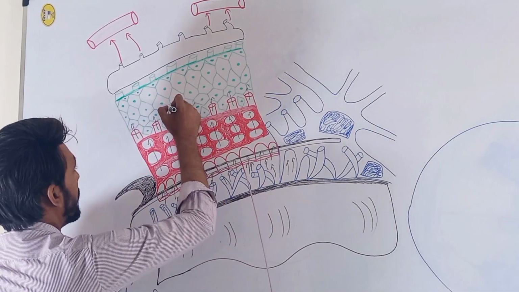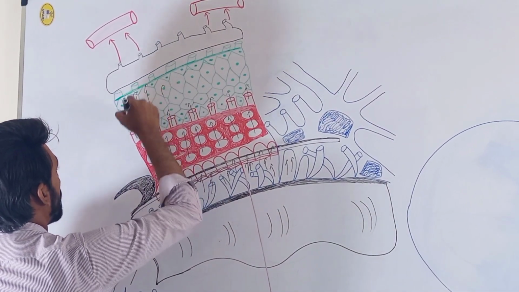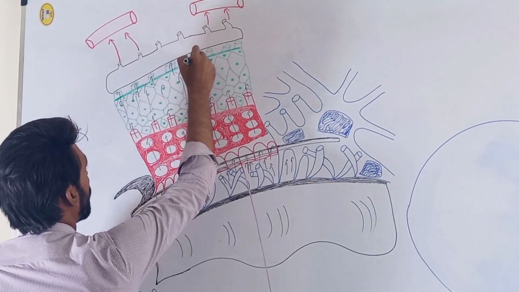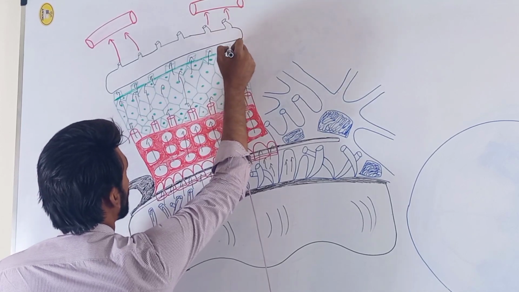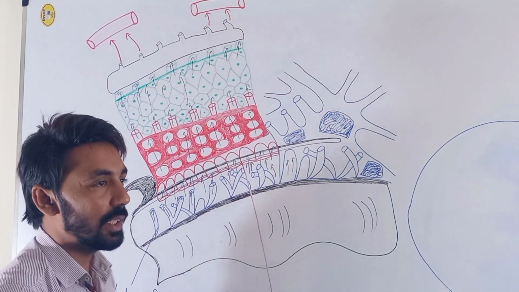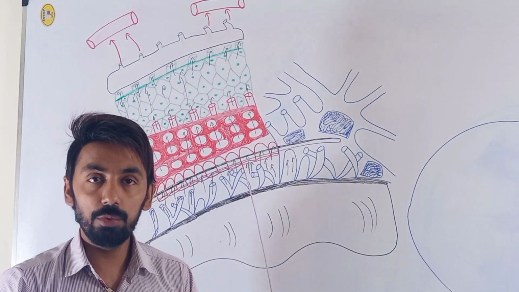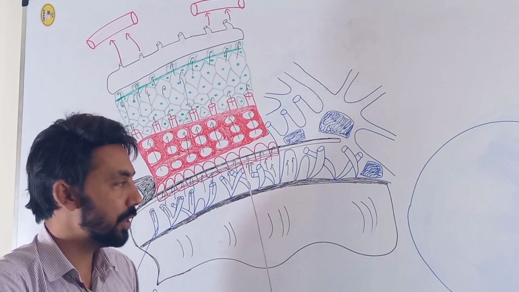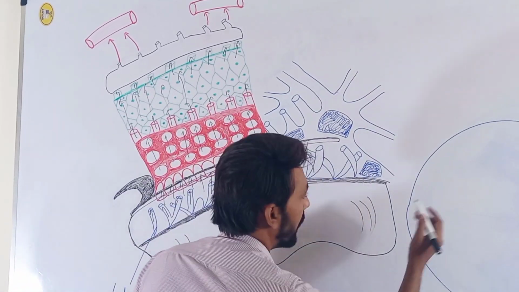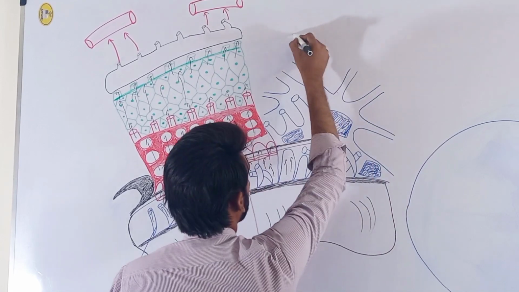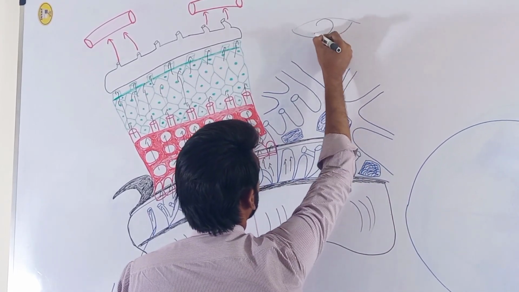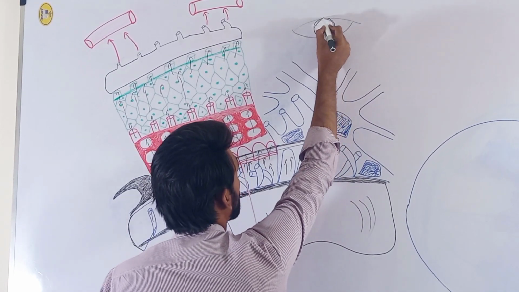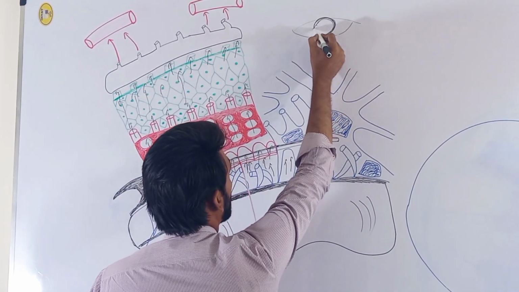From the cribriform meshwork, or the juxtacanalicular area, the aqueous humor will drain into a very important structure, a canal called the Canal of Schlemm. The Canal of Schlemm is actually a 360-degree tube. If this is the eyeball, the Canal of Schlemm is placed 360 degrees around it, like the trabecular meshwork as well.